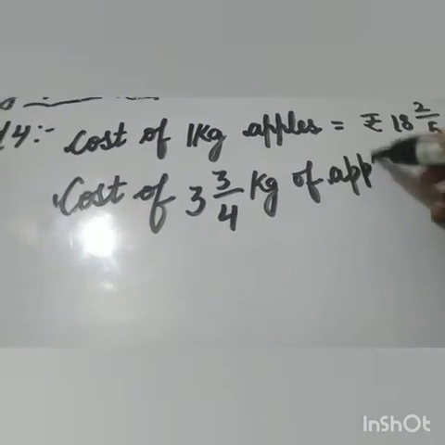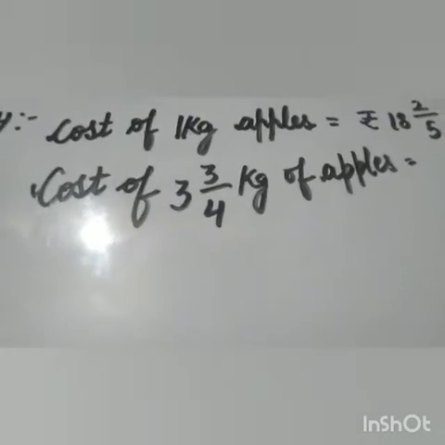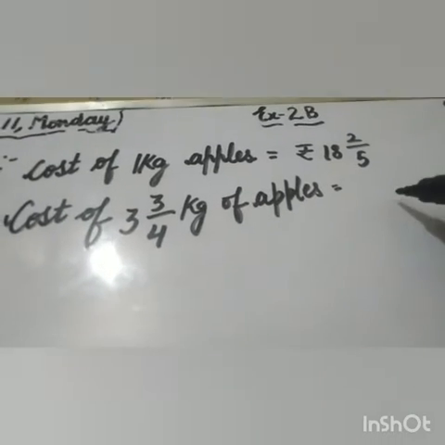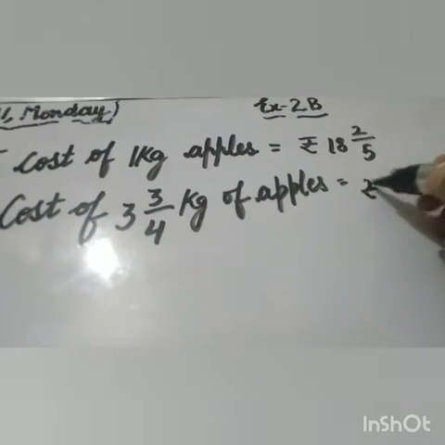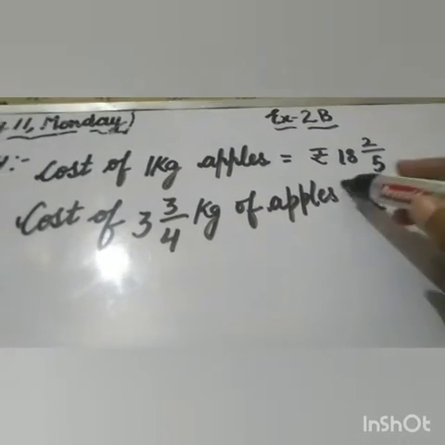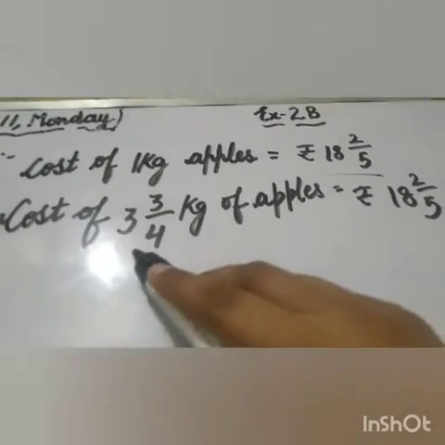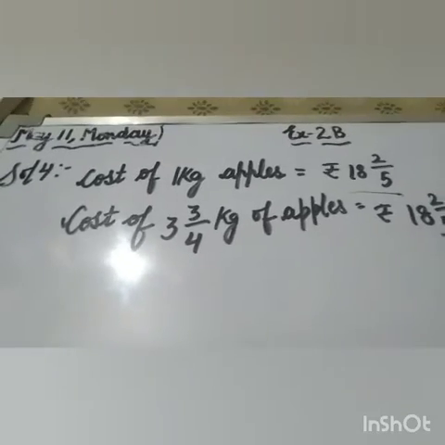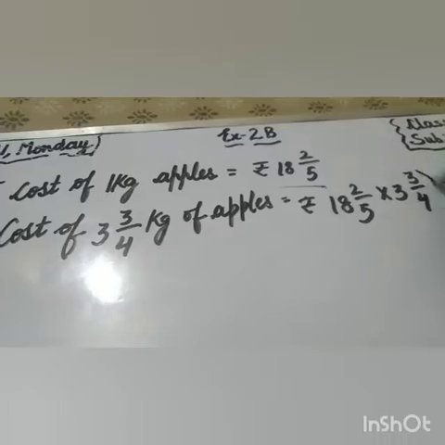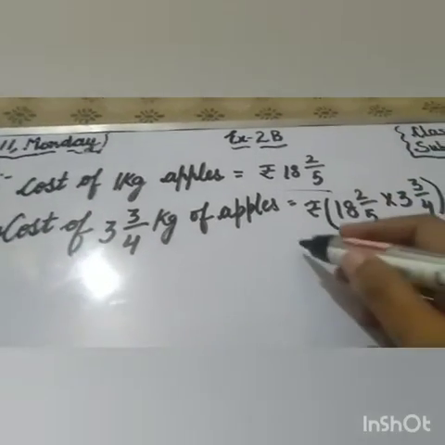That means the cost of 1 kg of apples is given and you have to find the cost of 3 by 4 kg of apples. So students, you have to use the concept of multiplication: 18 2 by 5, the cost of this one, and the quantity, that is 3 by 4.